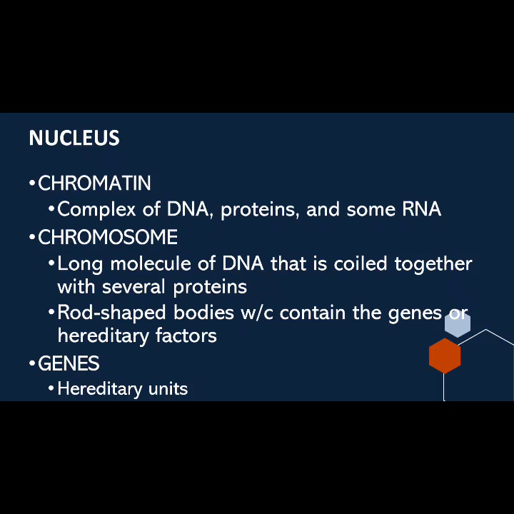They are rod-shaped bodies which contain the genes or hereditary factors. These genes, your hereditary units, are located in the nucleus. You have thousands of genes present in each cell, and each gene carries a specific hereditary trait that is either physical, biochemical, or physiologic.